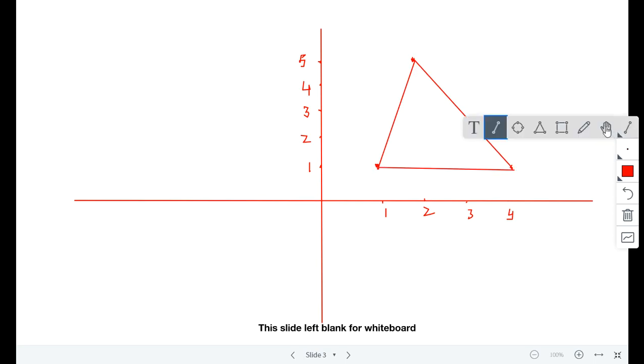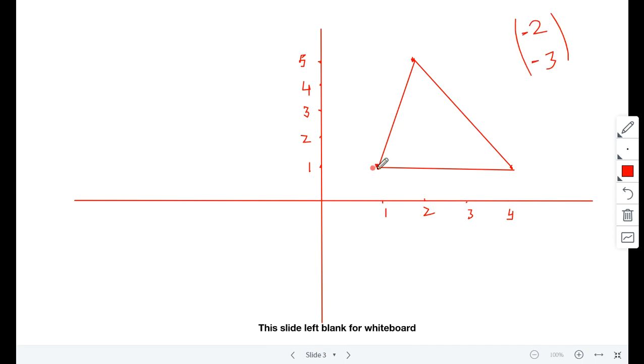Okay. Now it's given that you have to translate this triangle by minus 2 and minus 3. That means one by one translate every coordinate.